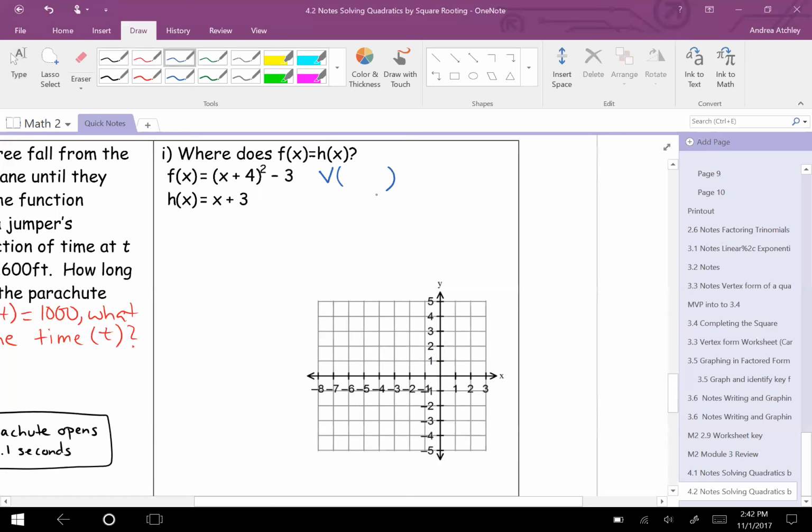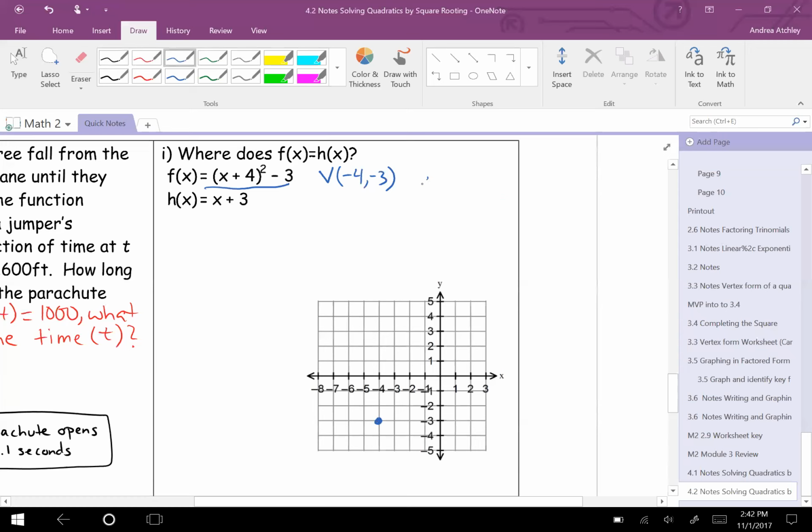Josh, can you give me the vertex for that quadratic? Negative 4 and negative 3. Perfect. So your x is negative 4 and y is negative 3.